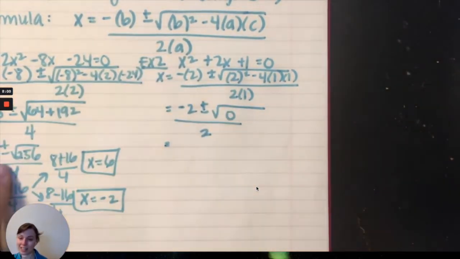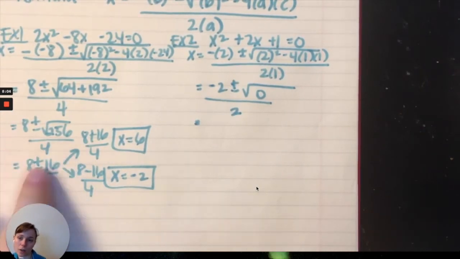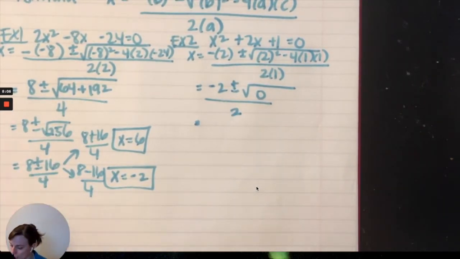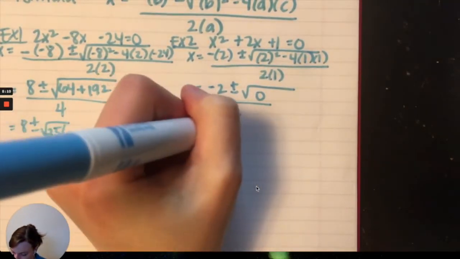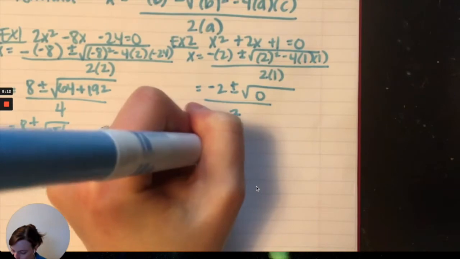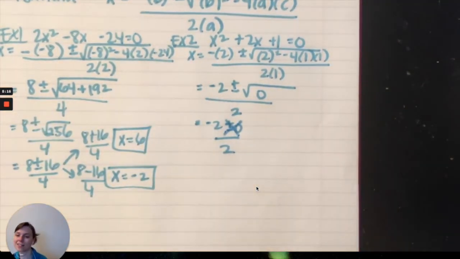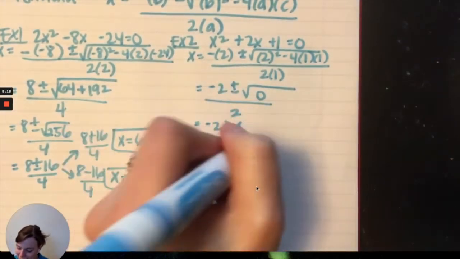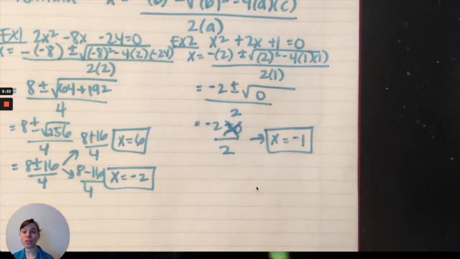Okay, so I actually can skip this line because I know what the square root of 0 is, so I can just go floop right there. So I'm going to have negative 2 plus or minus 0 over 2, which is plus or minus 0. It does nothing. It's not going to change my value. So this means that x equals negative 1, and it only has one solution.